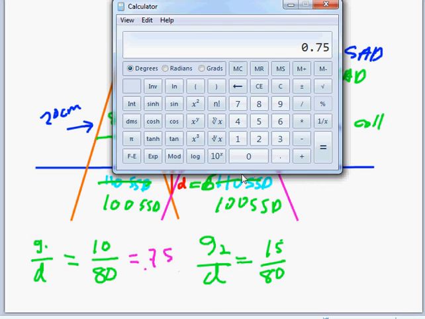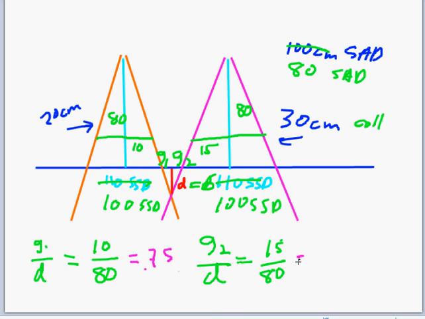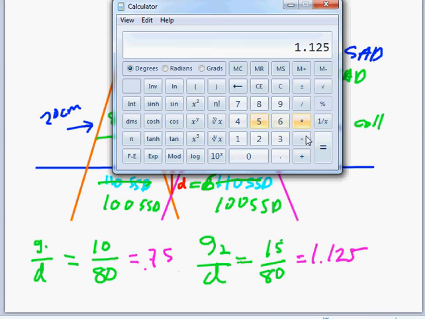And our other one will be 15 divided by 80 times 6, which is 1.125. So what is that together? Plus 0.75. So our answer now is 1.875, or 1 point... you could probably get away with 1.9 or so for your gap, but that's pretty precise.